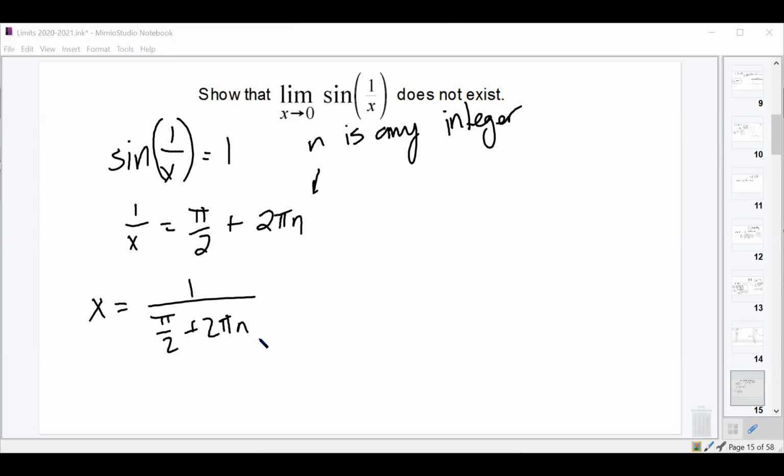Let's say, for example, I plug in n equals 0. What do I end up with? I end up with 1 over pi over 2, which is 2 over pi, right? What if I plug in n equals 1?